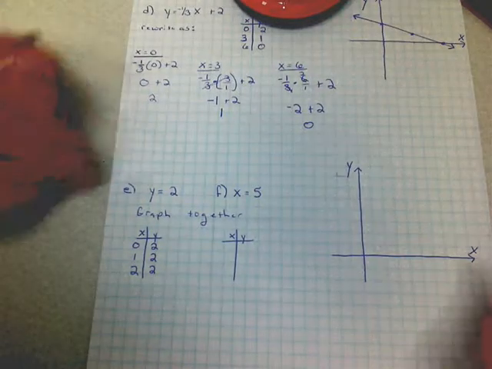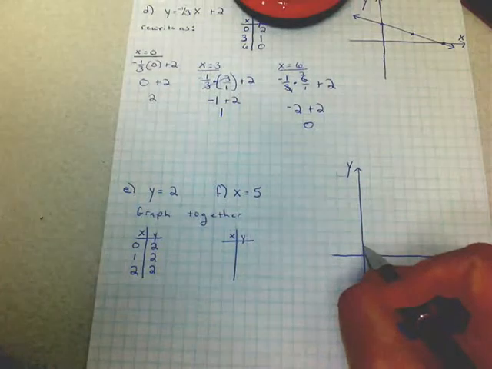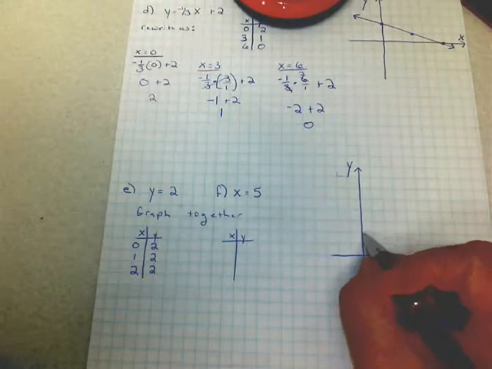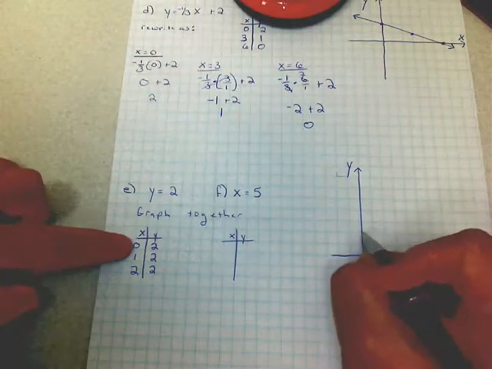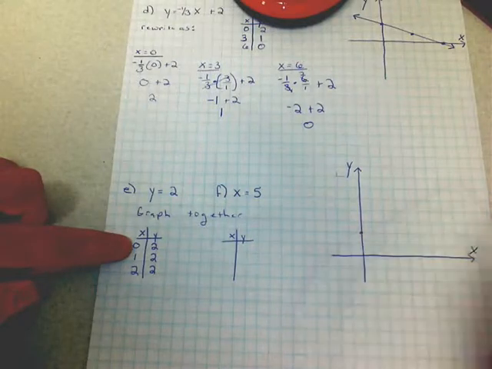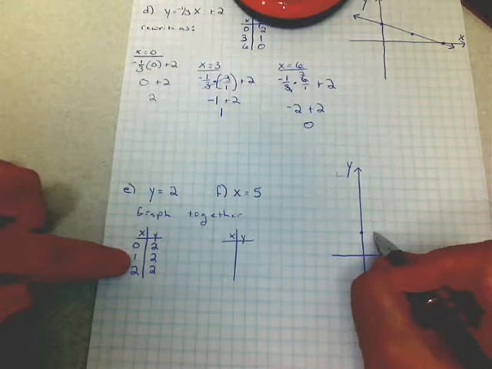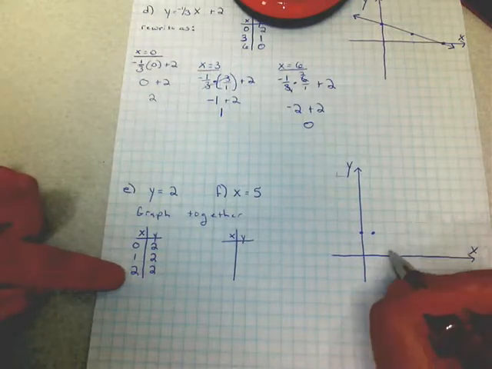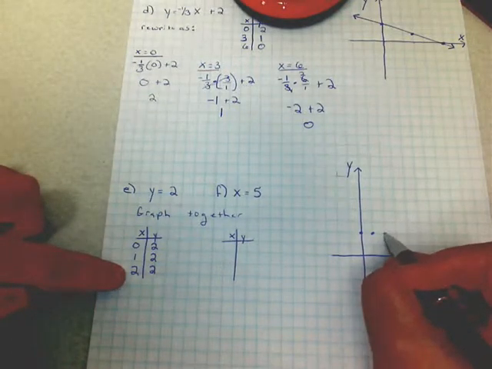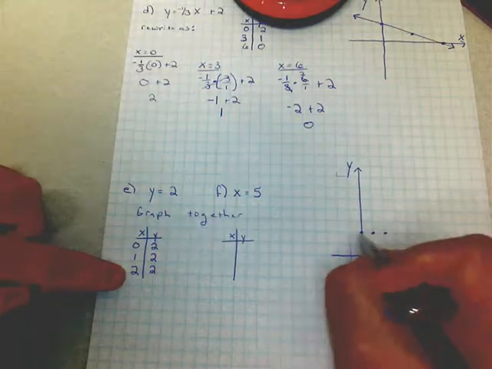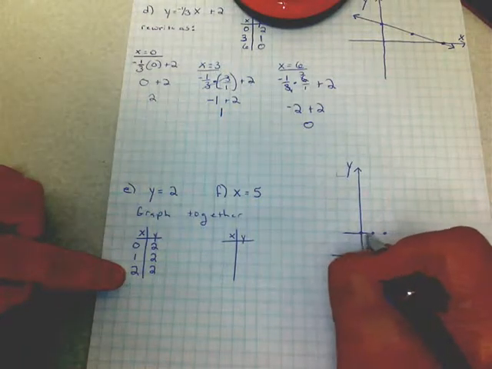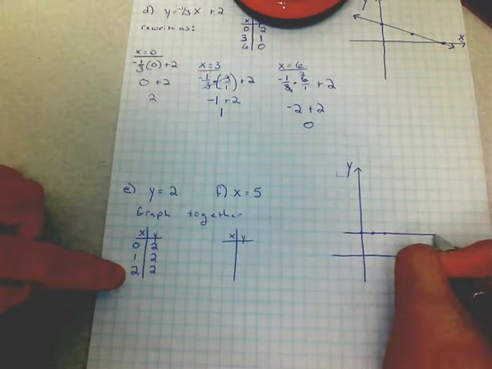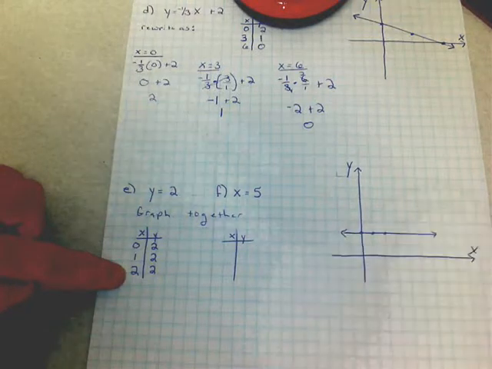So I go to my y equals 2, 1, 2, and x equals 0. Then x is going to be 1, and y is going to be 2 again. X equals 2, and y equals 2. Hey, that gave me a horizontal line. Cool.